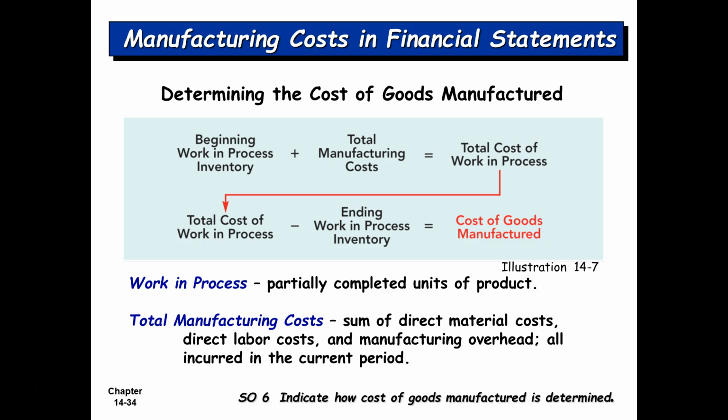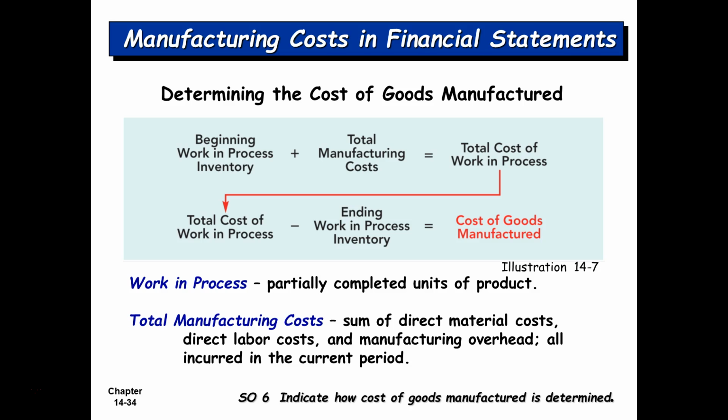Okay, when we talk about slide 34, we're talking about determining the cost of goods manufactured. Unfortunately, for a manufacturing sector, it is a little bit different. What happens here is, we said that the work in progress account, or work in process account, is partially completed units.